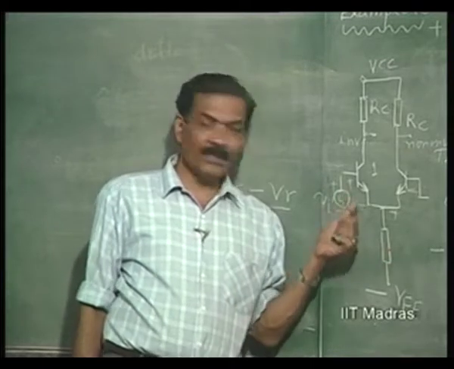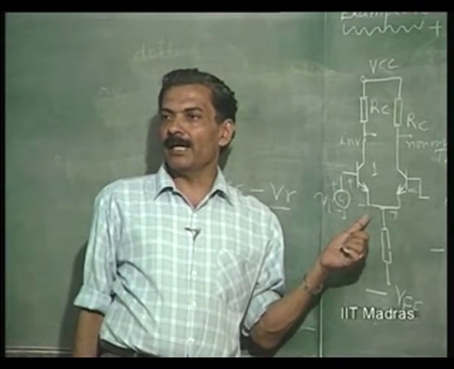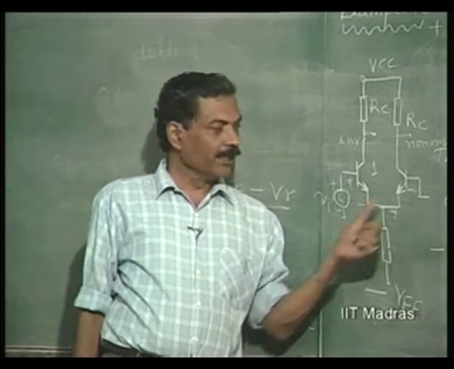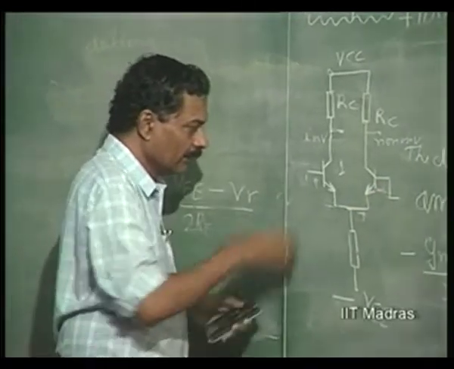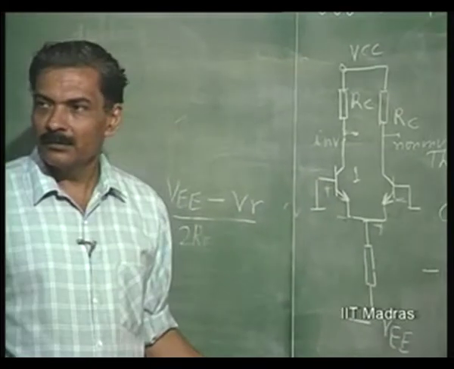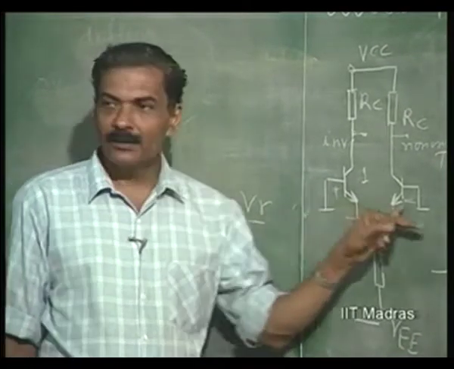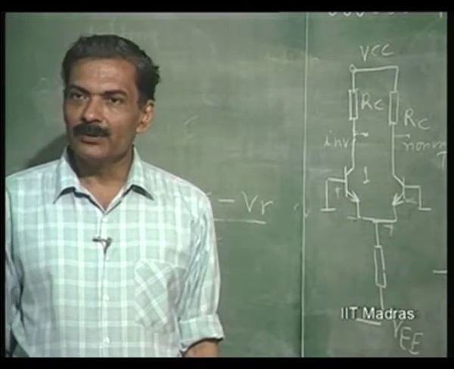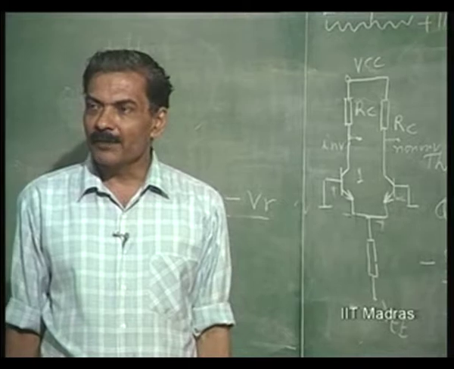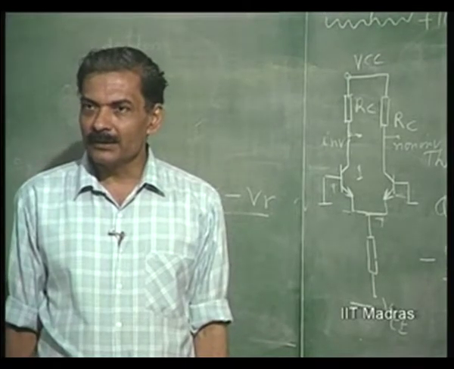Now, if VBE of this transistor changes by minus 2 millivolts per degree centigrade, VBE of this also changes by the same amount, and therefore effectively there is no change in the input voltage because of temperature variation of VBE.